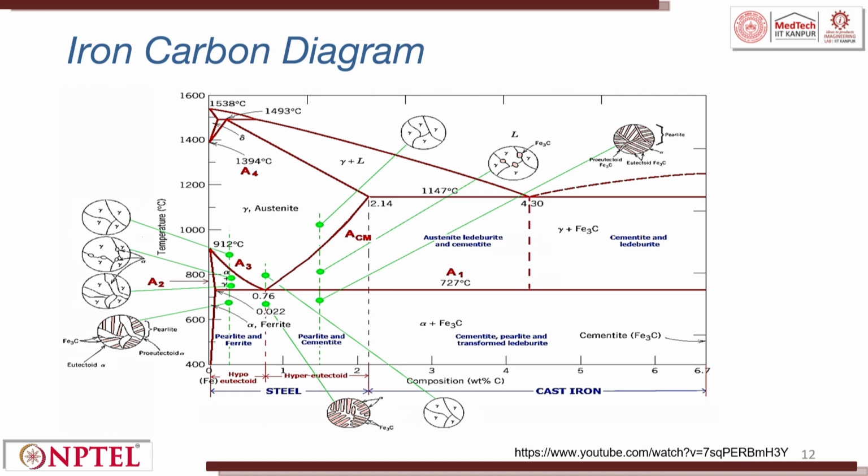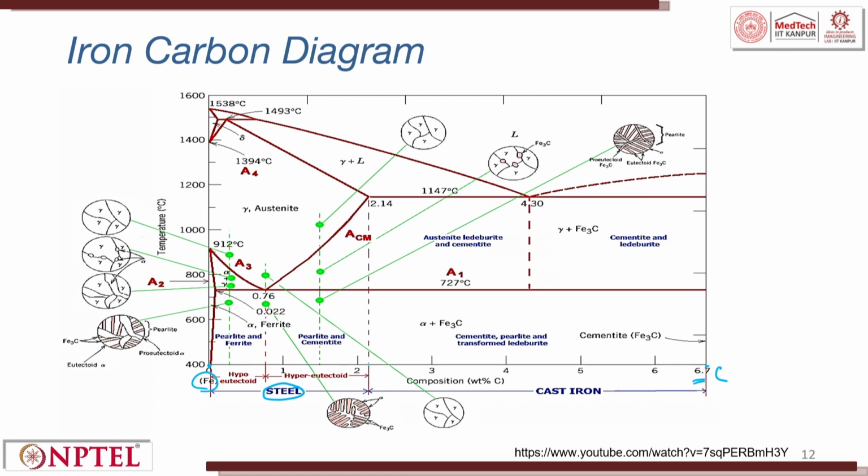Now, let us try to understand the iron carbide diagram in detail. On the x axis you have iron plus carbon. Here it is 0% carbon, and here it is 6.7% carbon. We have seen in the first week itself that up to approximately 2.1% carbon, iron plus carbon leads to steel.